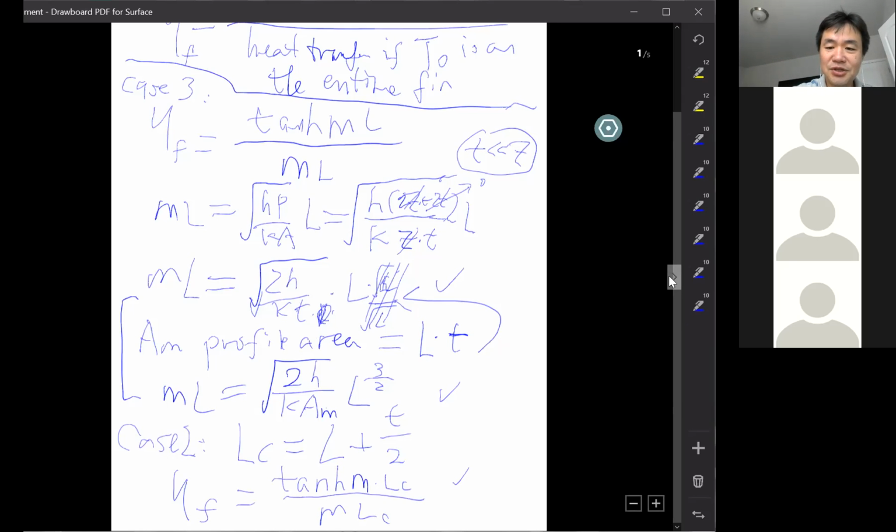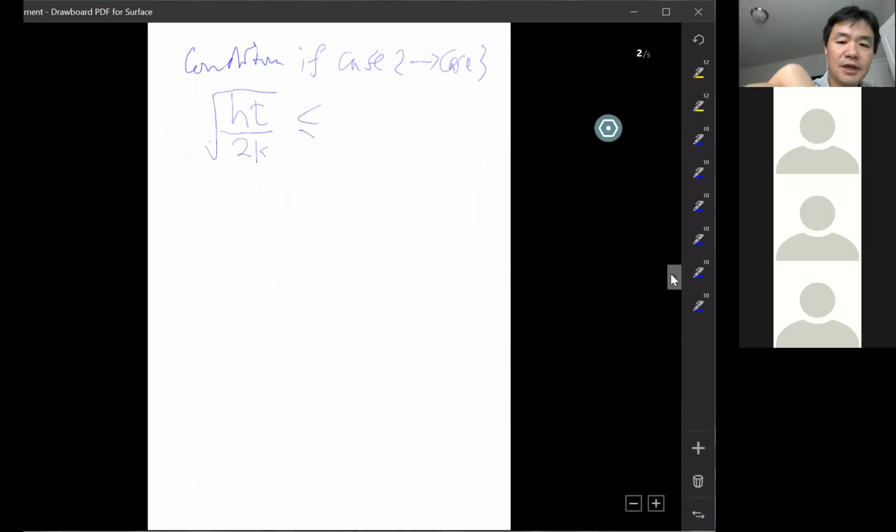The condition is this: it can be converted into case 3 if h times t over 2k, square root, is smaller than half.